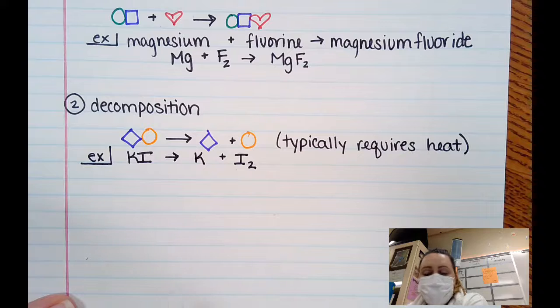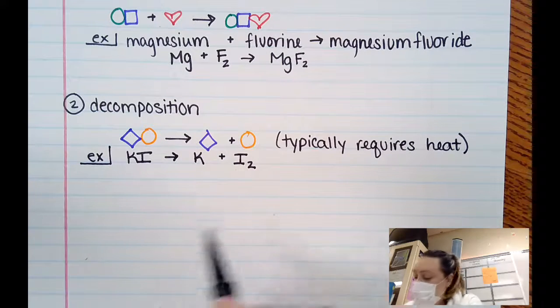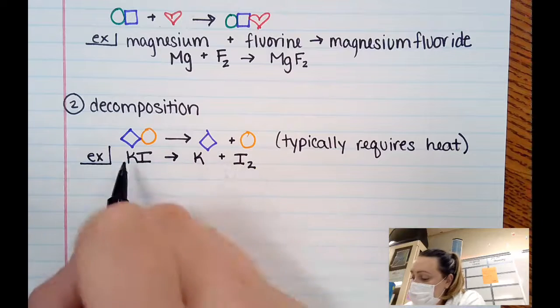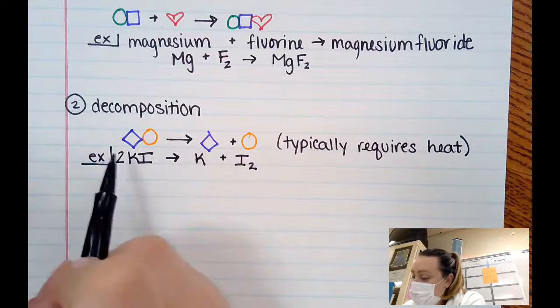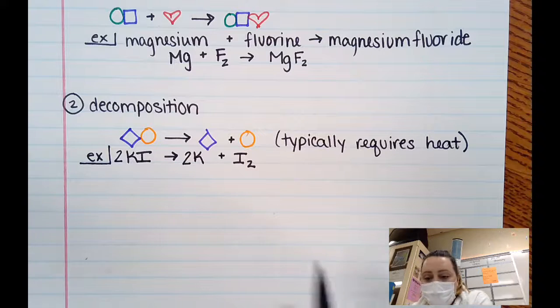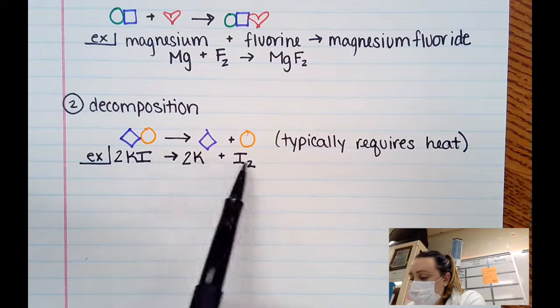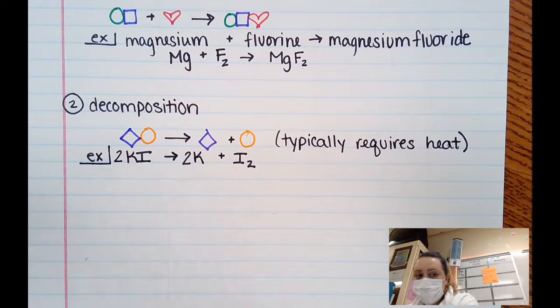I know we haven't done balancing equations yet, but I can't stand that it is unbalanced. I have 2 iodine over here. I need 2 over here. And I have 2 potassium, 2 potassium. It's balanced. If you didn't understand what I just did, that's okay. The key here is seeing that you have a compound and then it broke apart into smaller pieces.